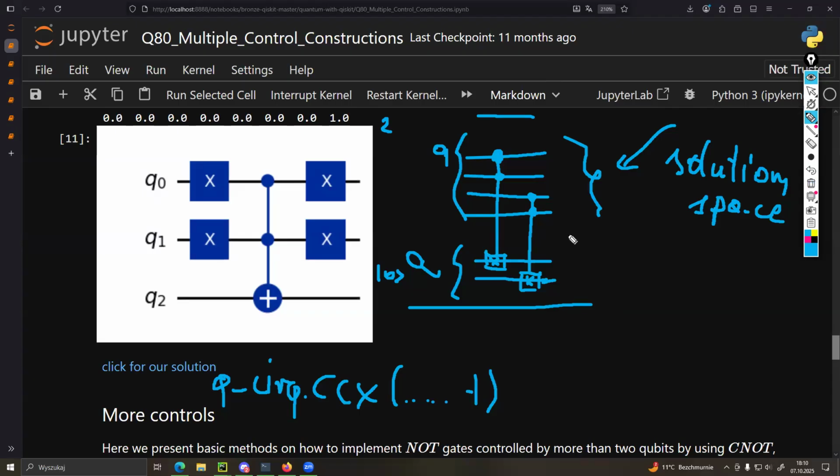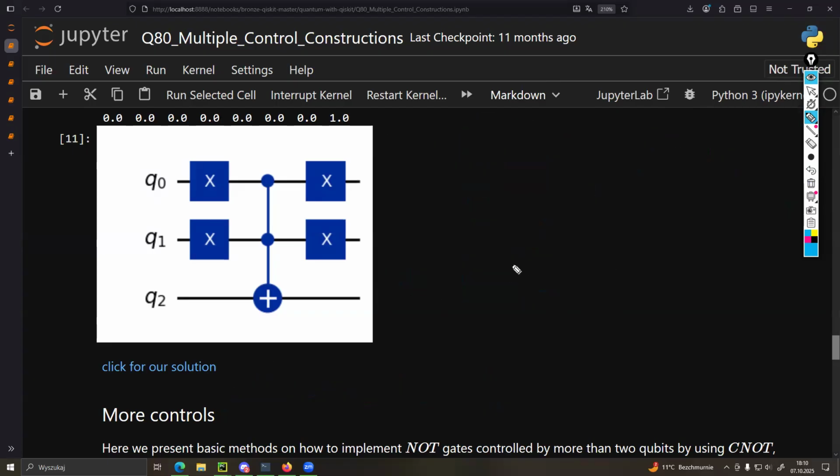However, I didn't tell you 2 things, because the auxiliary registers have to be cleared after the operation. So for example, this will be my circuit, I will draw it in red, because this is very clear on both the black screen and the white screen of the actual output from Matplotlib.